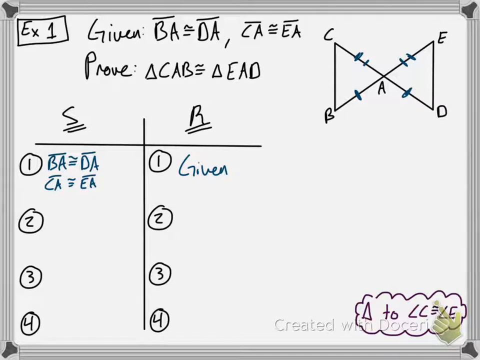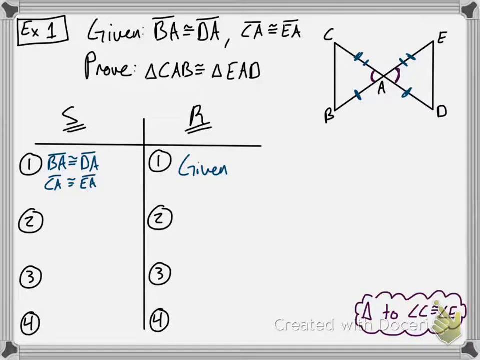All right. Moving into our second phase, we would use any key terms up here in the given, which I don't see any key terms of midpoint, bisect, perpendicular, parallel. So now we move into the picture. And in our picture, we do have this hourglass shape where we can use vertical angles.